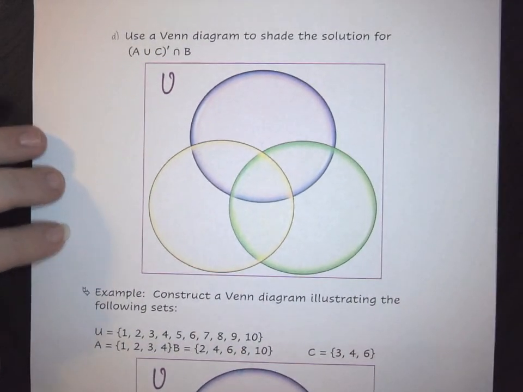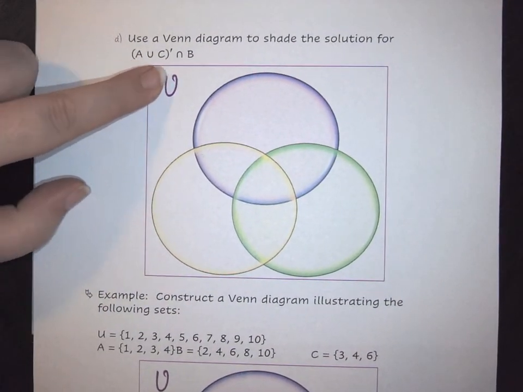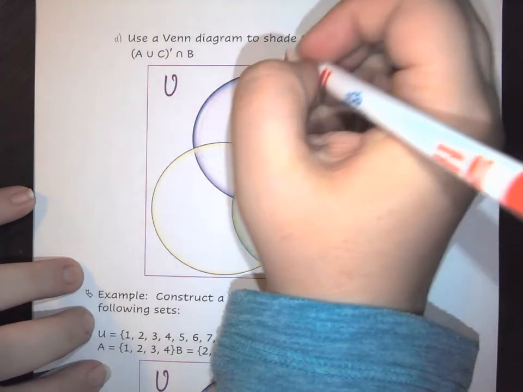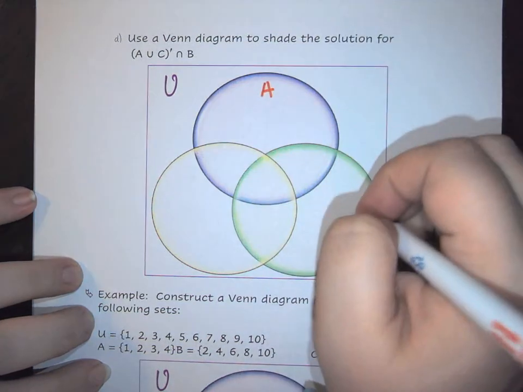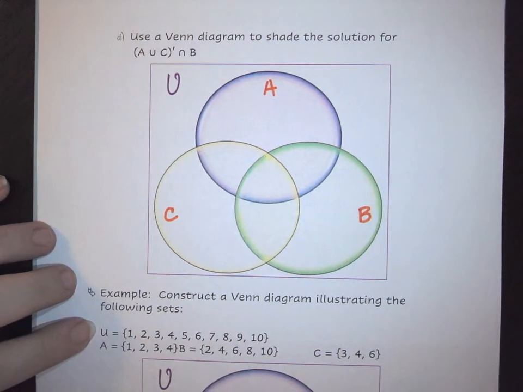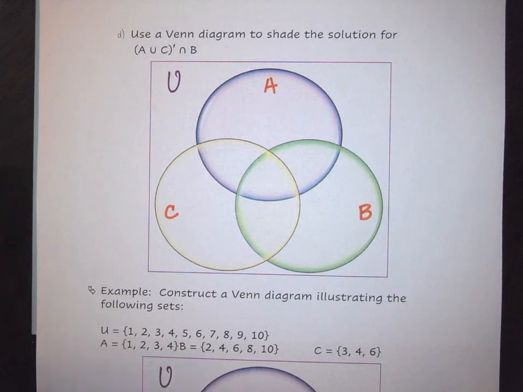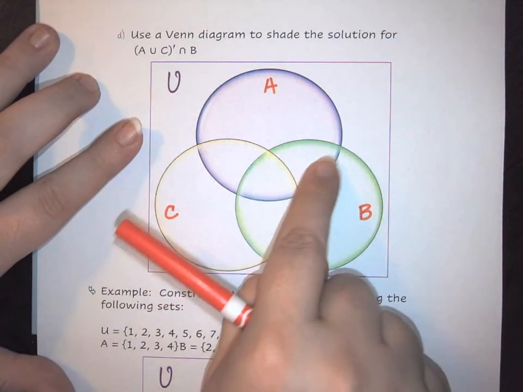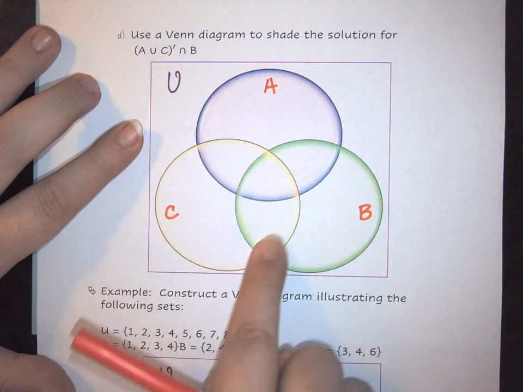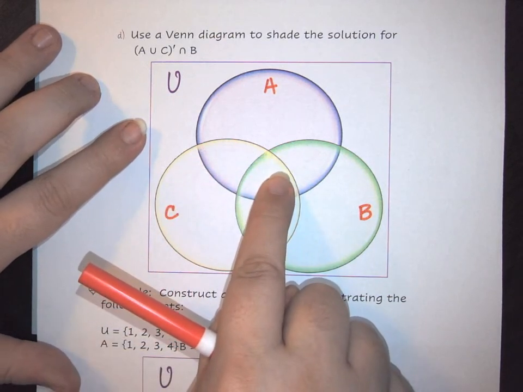Let's try another. Here I want A union C, but I want the complement. So again, let's go ahead and label. So here we've got A, we have a B, and we have a C. Okay, so let's look at this. A union C, so we're talking about all of A, and we're talking about all of C. Okay, now I want the complement of that.